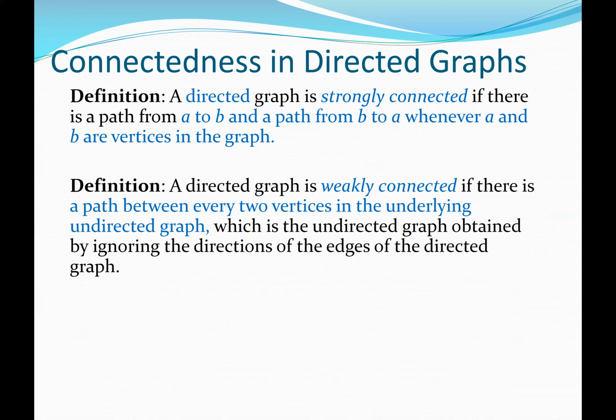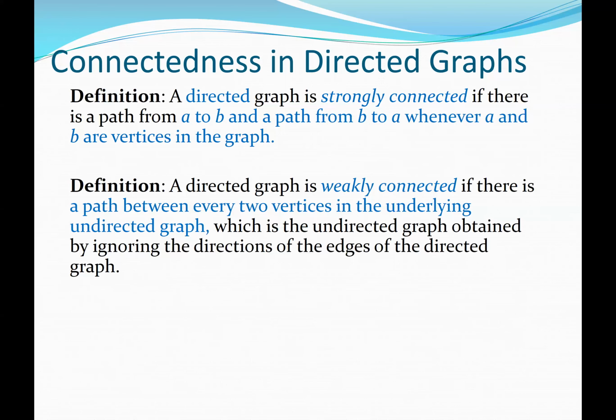Then it becomes weakly connected. So for strongly connected, we have to look at the direction. For weakly connected, we ignore the direction. And can we still find a path between two vertices? Okay, so that's the idea of weakly connected and strongly connected.